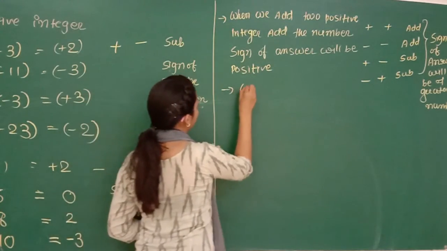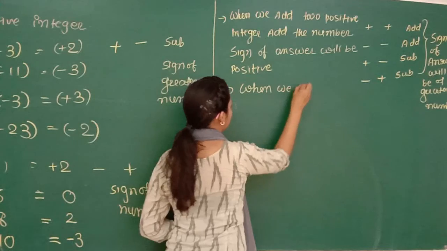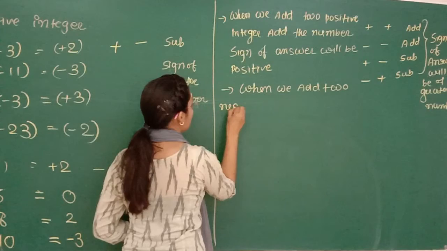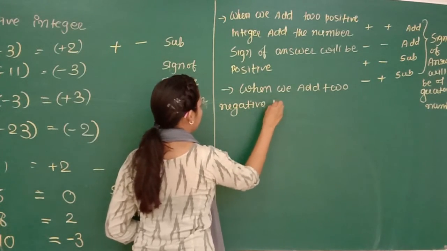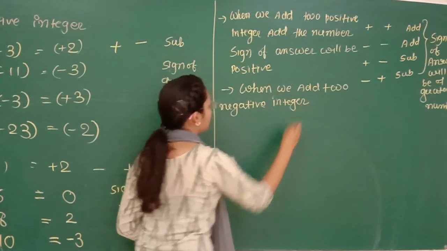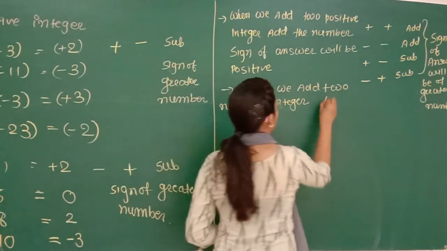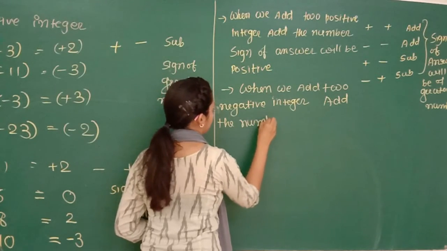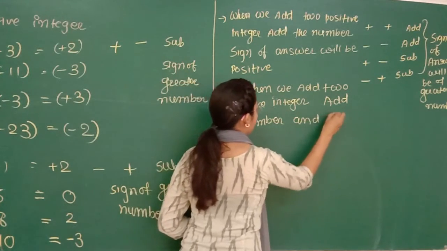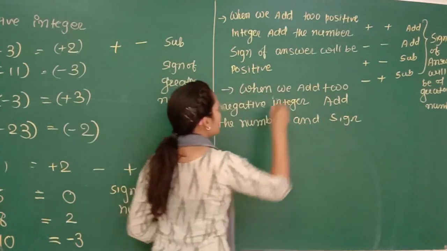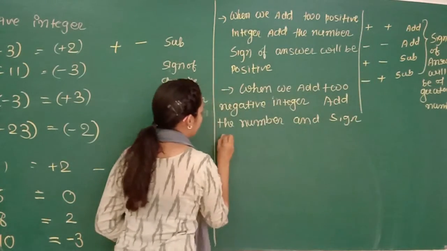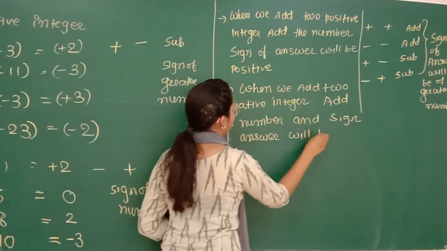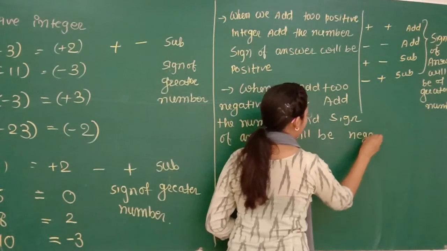When we add two negative integers, add the numbers and the sign of the answer will be negative.